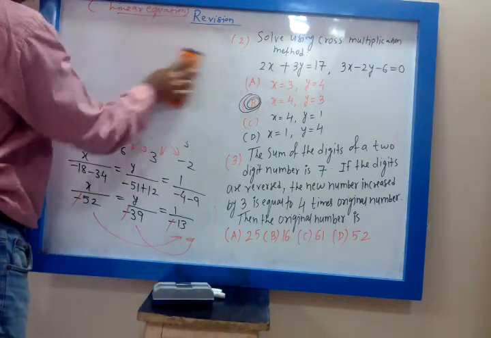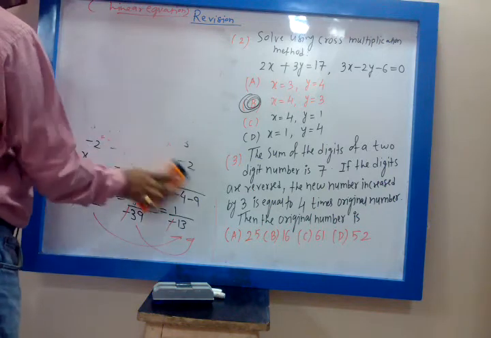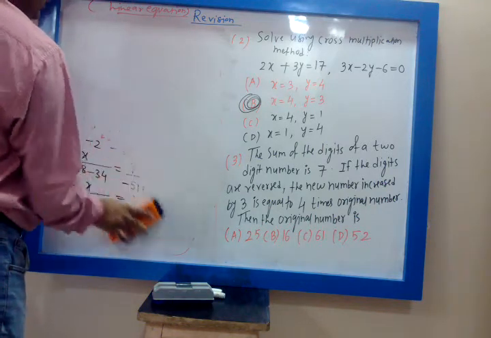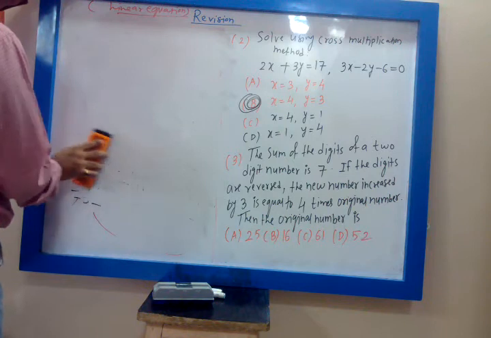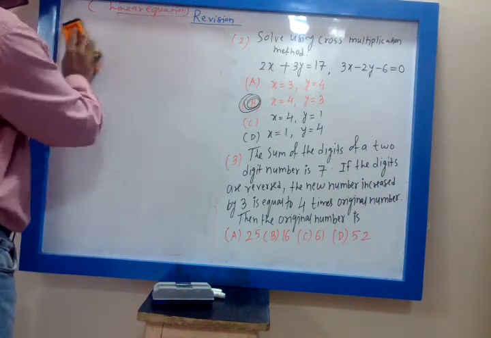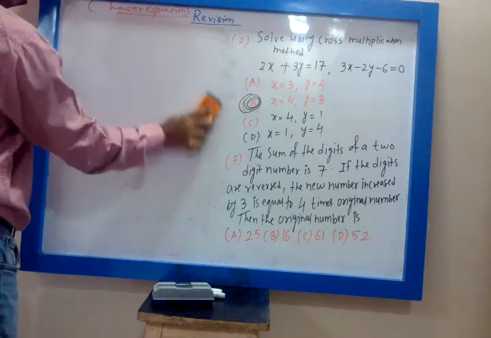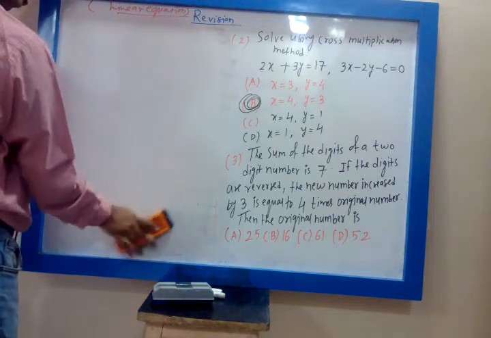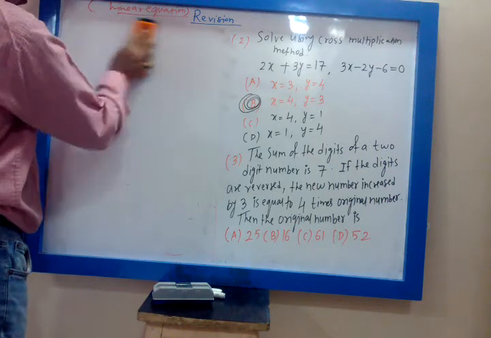Let me give 2 more minutes for the third. I want everybody to solve the third one. Reversing the digit. 16, B option. Okay.